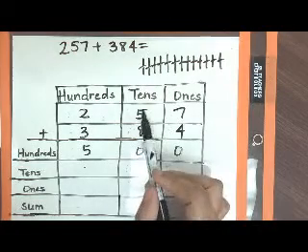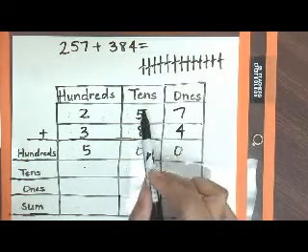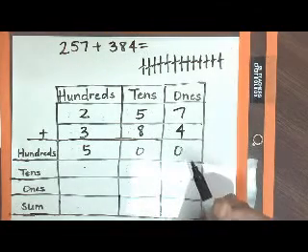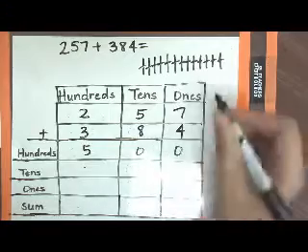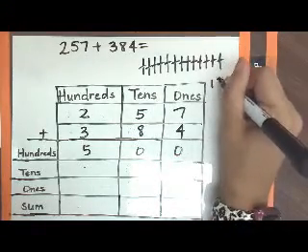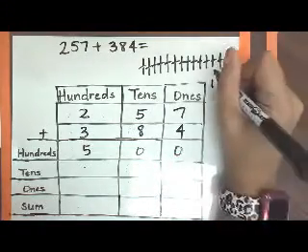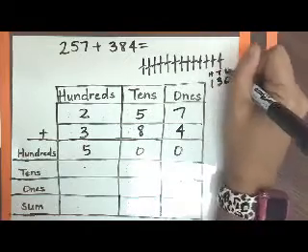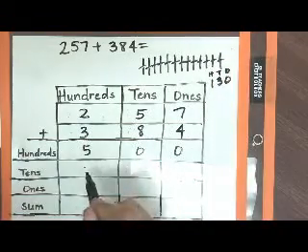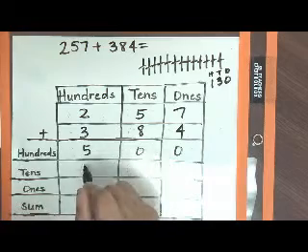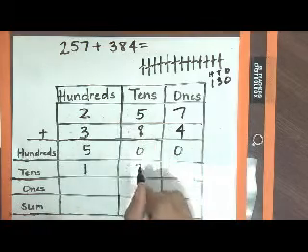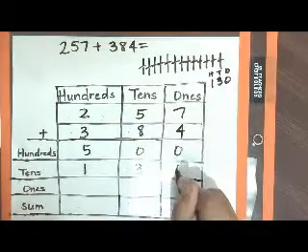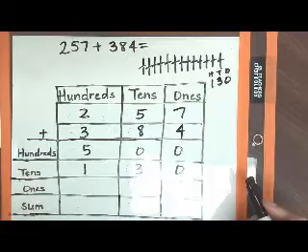So the value of 5 tens plus 8 tens is 13 tens, and 13 tens equals 130. Again, if we're looking at place value, 130 has 1 hundred, 3 tens, and 0 ones. And we're going to record that on our mat here: 1 hundred, 3 tens, 0 ones.